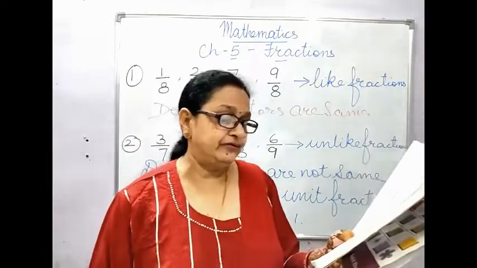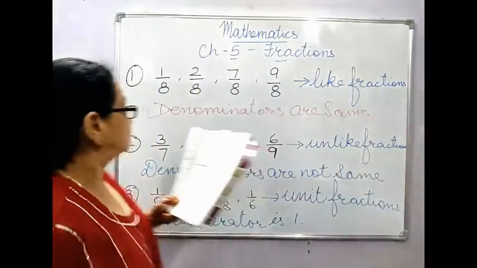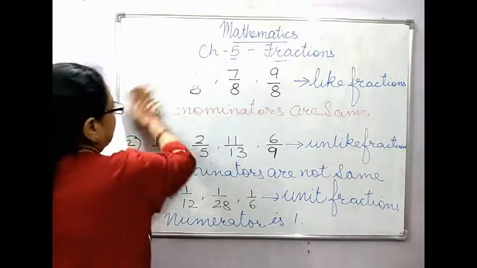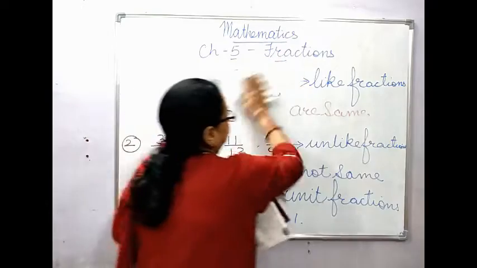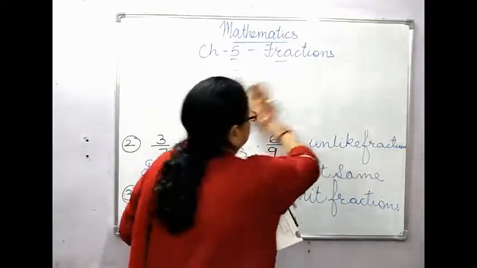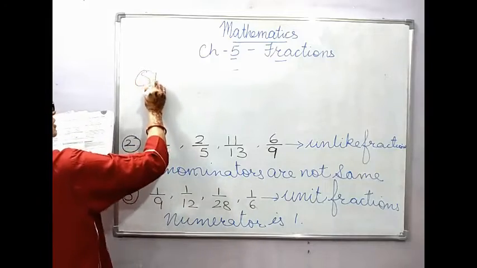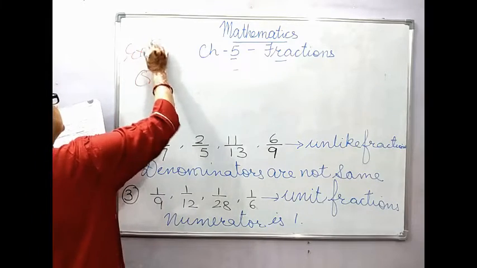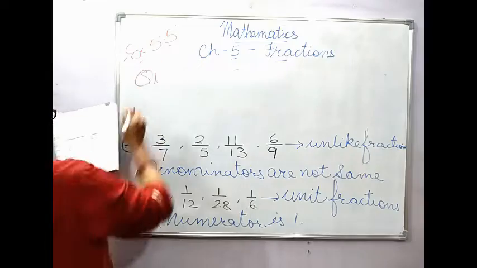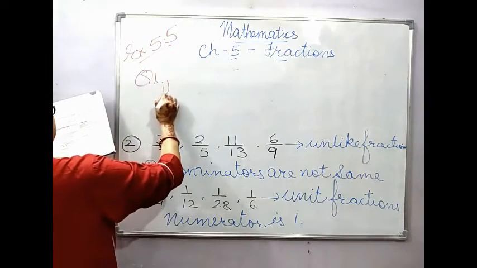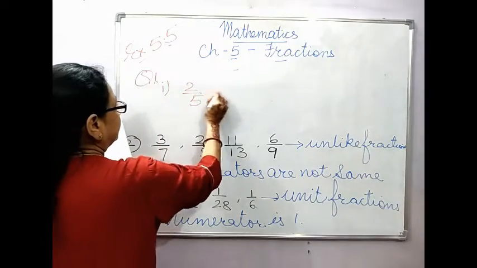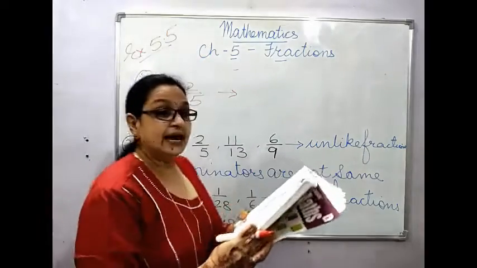Write any 3 fractions. In this, one of the fractions is given and you have to write the other 3. You can write anything. Very simple. Question number 1 from exercise 5.5. It is 2 upon 5. Now you have to write like fractions.